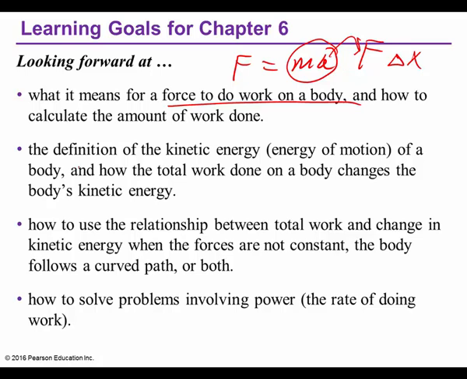Okay? Likewise, kinetic energy, energy of motion, can be defined a couple of ways. Work is actually, and I'm kind of getting a little ahead of myself, is equal to kinetic energy. Okay? So work and kinetic energy are basically, now listen closely, they are basically the same thing.